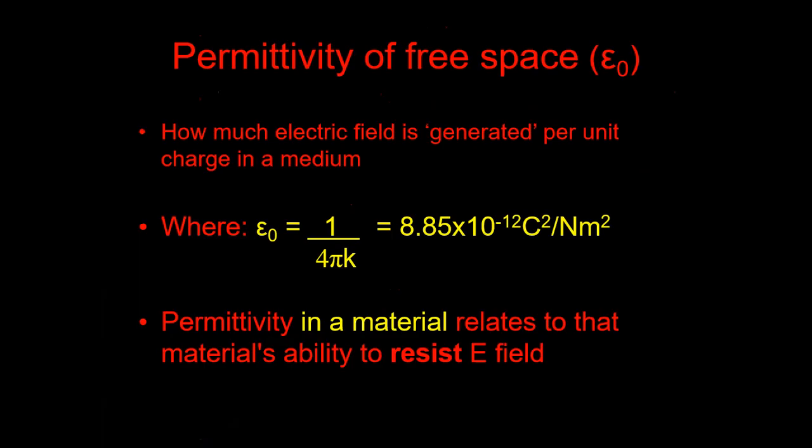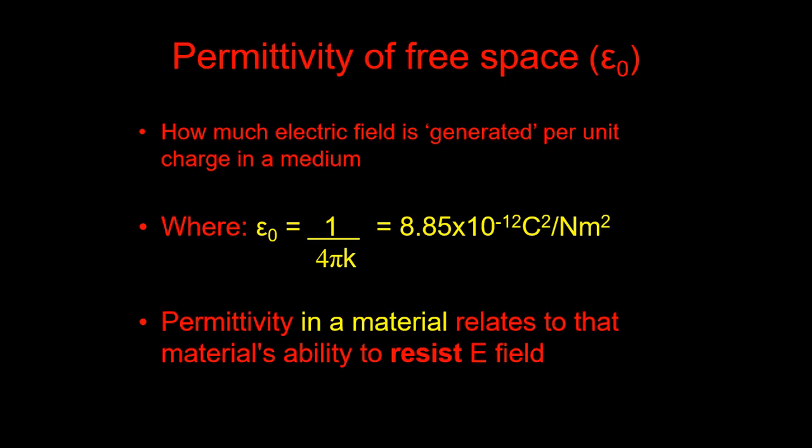How much electric field is present due to a charge per unit in a medium, epsilon 0, and the permittivity of any material relates to a material's ability to resist electric field. So in this way, we can figure out which materials are best for shielding electric fields, for say insulating wires to prevent interference with communications.